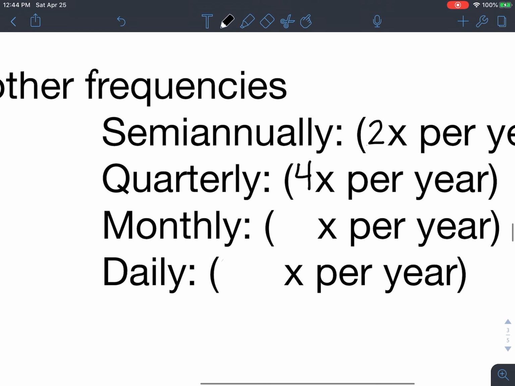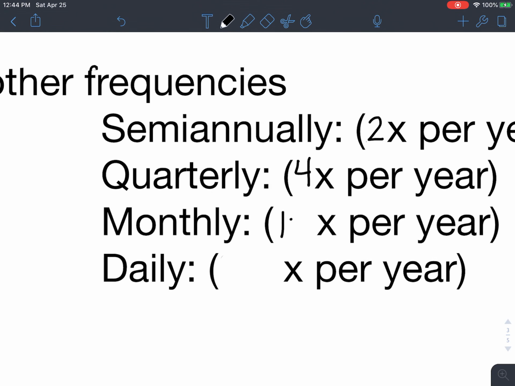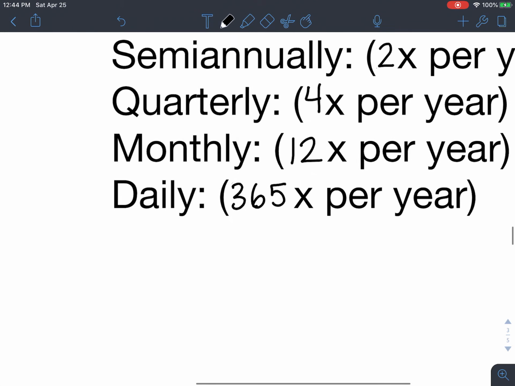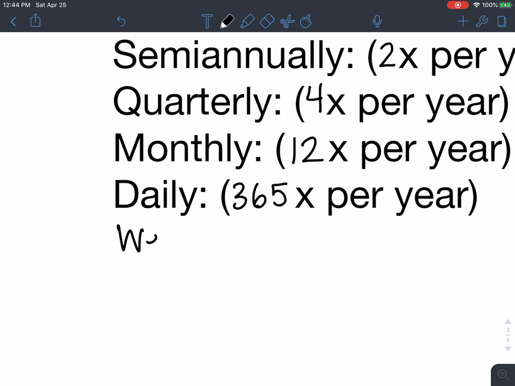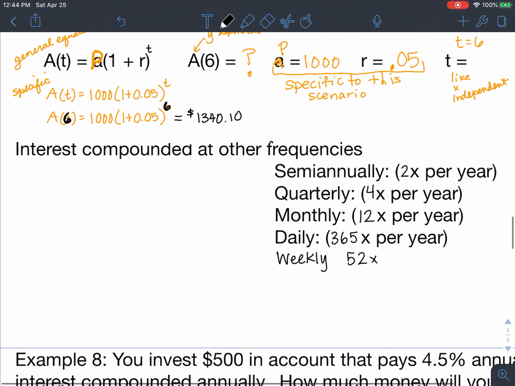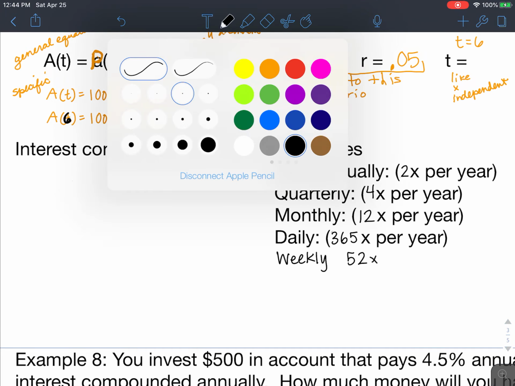Quarterly would be 4 times per year. Monthly would be 12 times per year. And daily would be 365 times per year. Or we could have weekly. That would be 52 times per year. And so on.